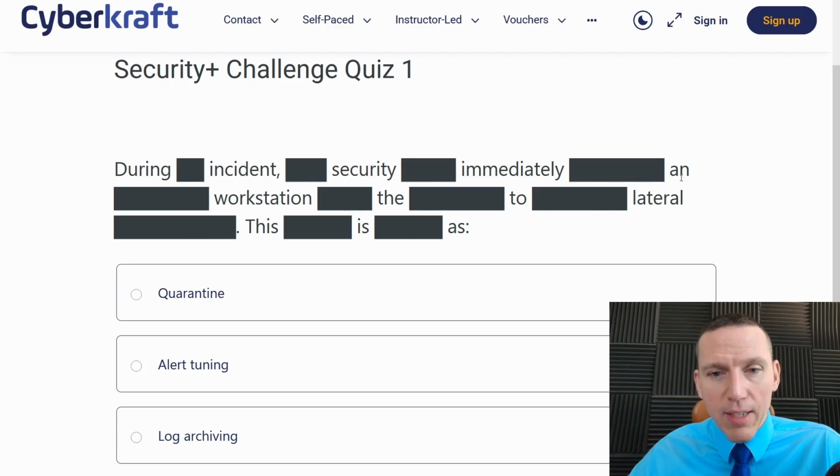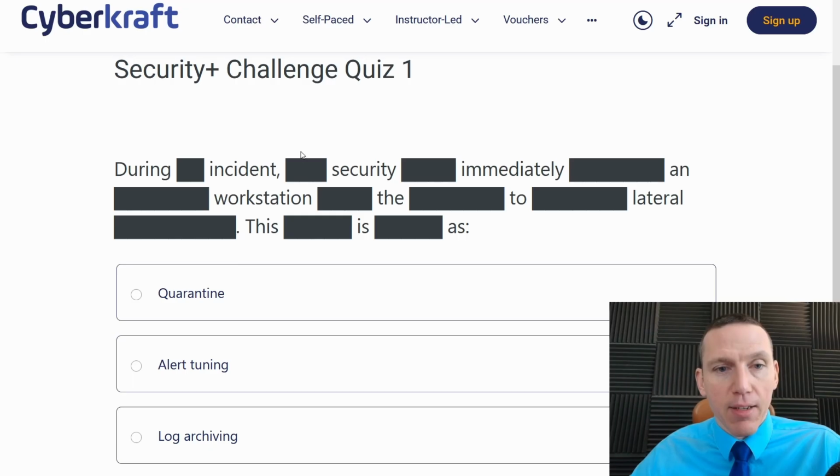And wouldn't it be isolates an infected workstation, from the network to halt or stop lateral movement, to prevent lateral movement.